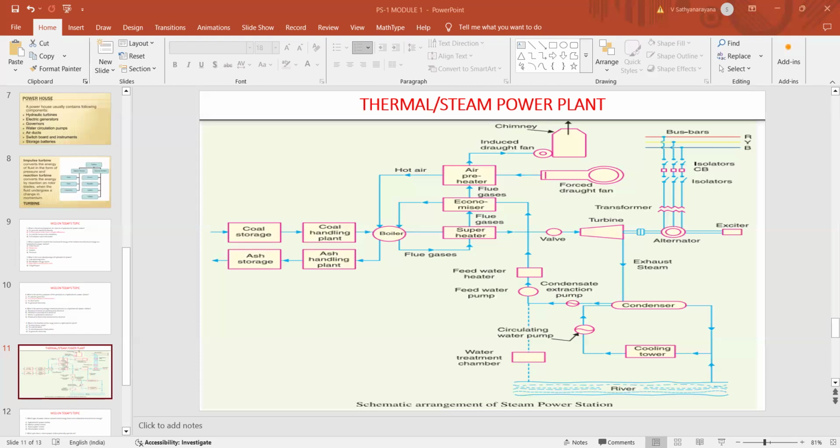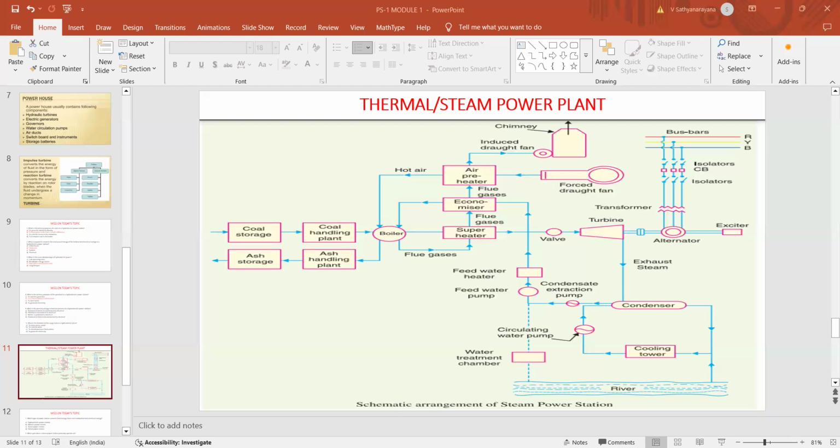From the river, the water goes to the water treatment chamber, and from there towards the economizer. So what does the economizer do? The economizer uses the flue gases to heat the water circulated through it. That water is again sent to the boiler.